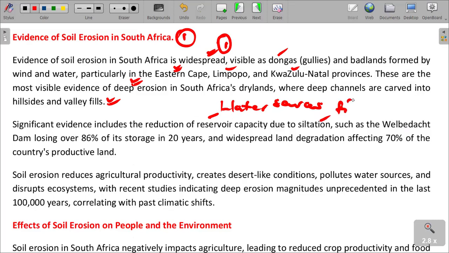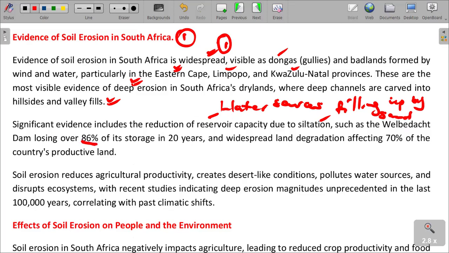We are saying filling up by sand as a result of erosion, such as the World Bank Dutch Dam, which lost over 86% of its storage in 20 years.